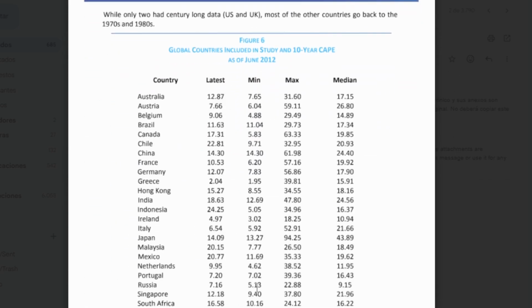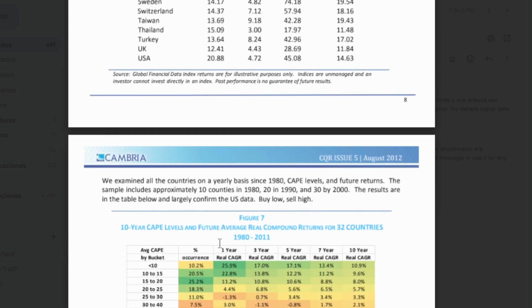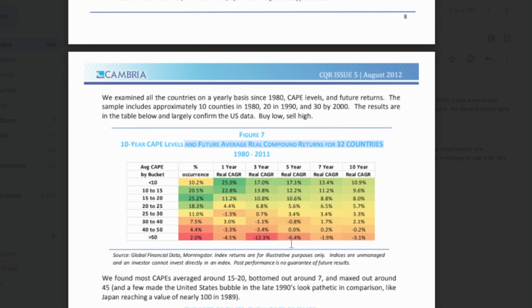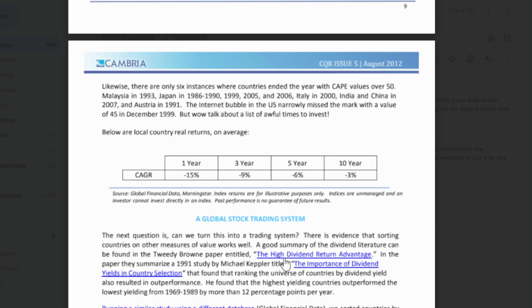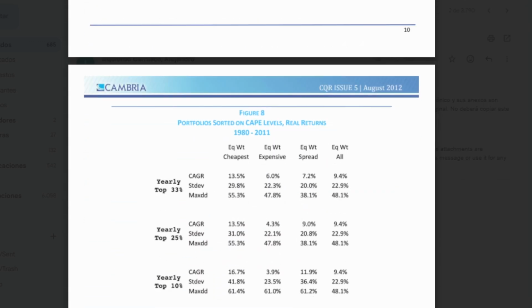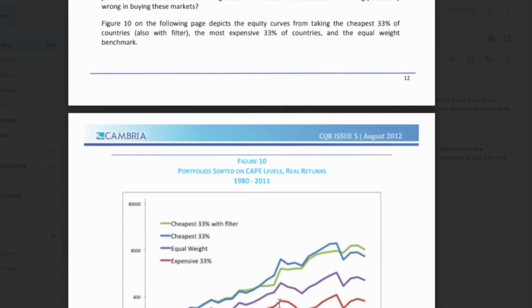It's quite an interesting study. You can take a look at the same table we've seen before, but for a study of 32 countries. I will leave you the link down below in the description box, so if anyone is interested, you can go directly to the paper and study it in detail.